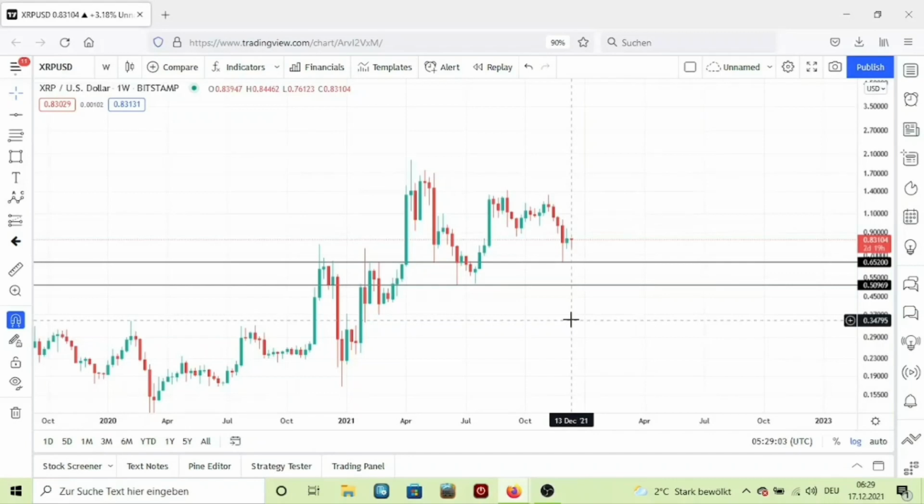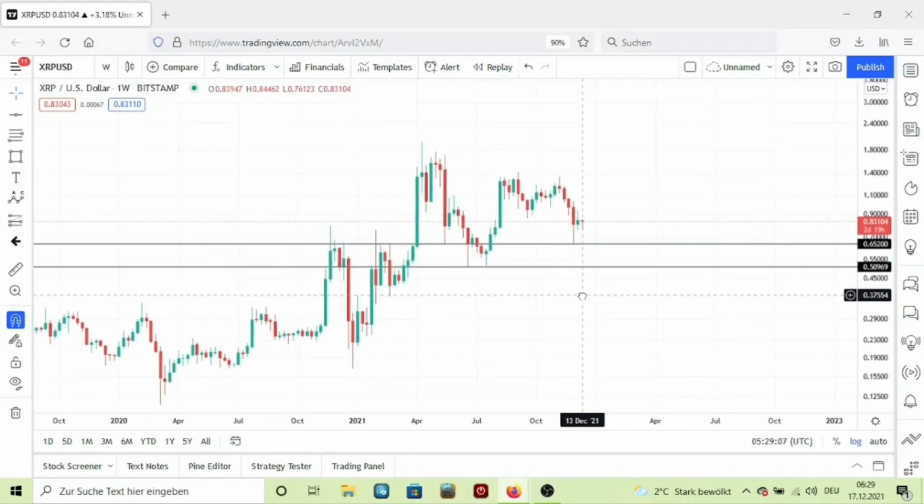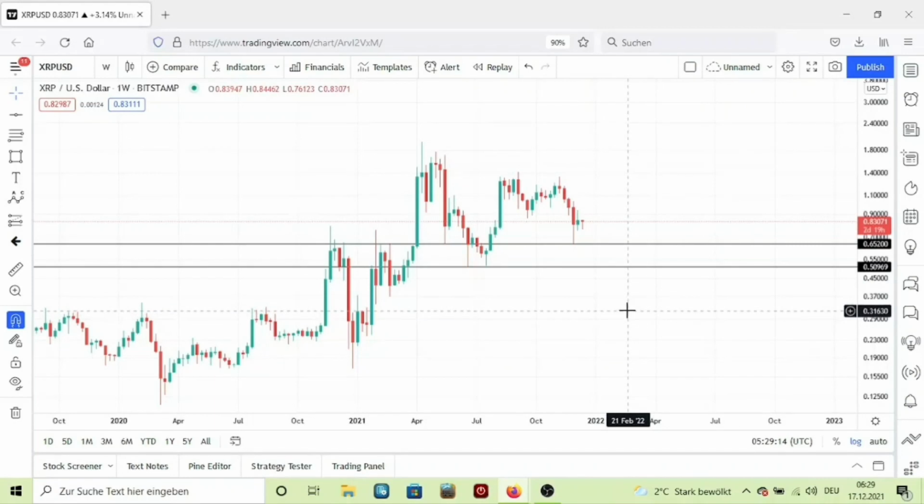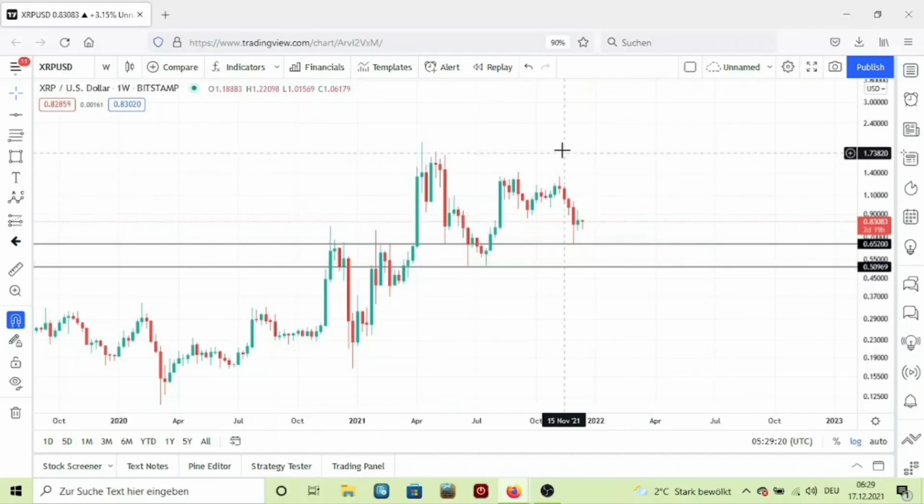But so far, everything I'm looking at doesn't really show a move that low. That just doesn't make too much sense for me here. So it is technically valid to look at it.